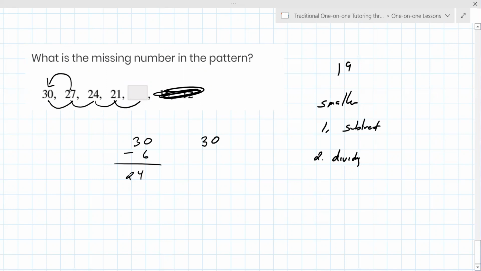What do you add to 27 to get back to 30? You're adding 3. Okay, so now to go the other way, you subtract 3. 24 to 27 is adding 3. 27 to 24 is subtracting 3, and so on. So we're subtracting 3 each time.